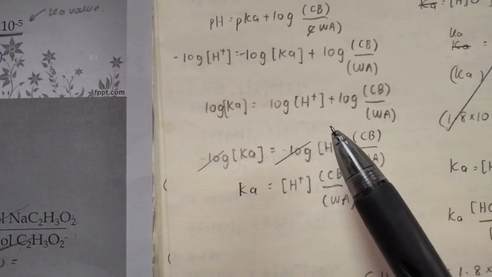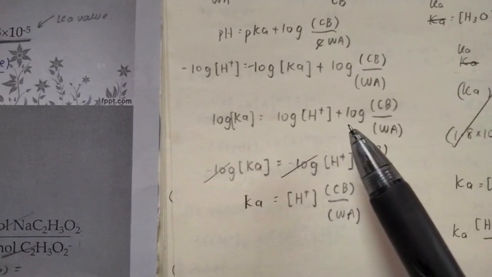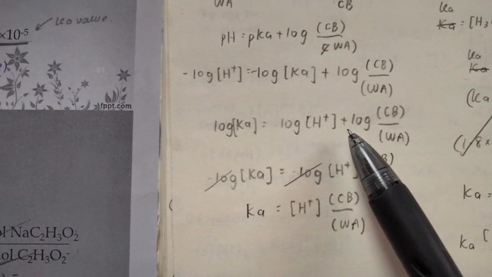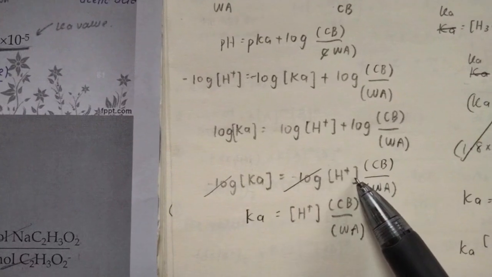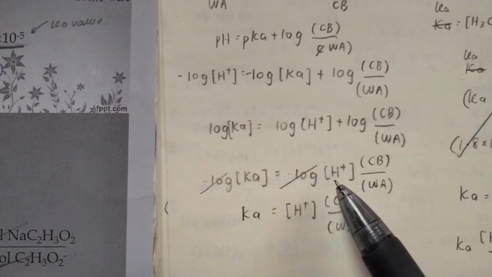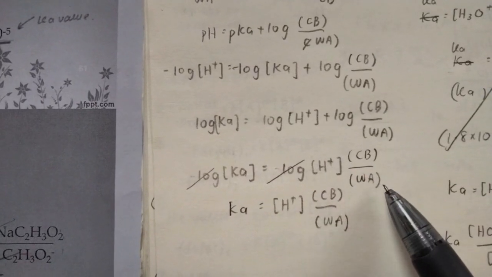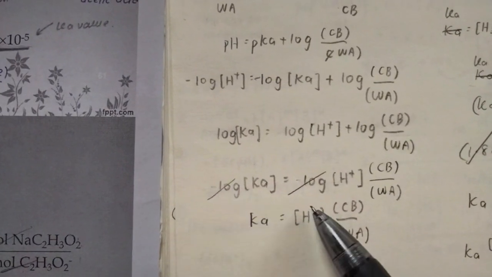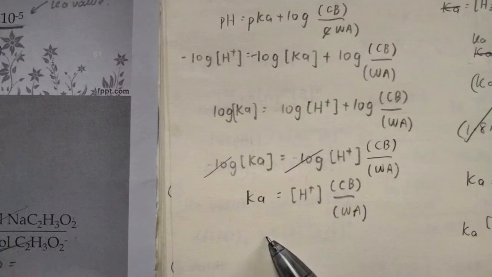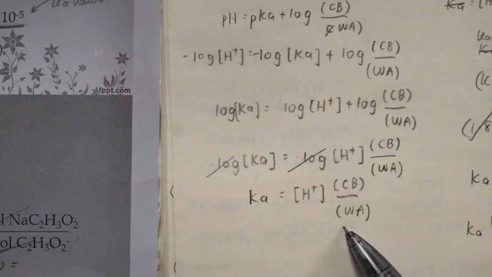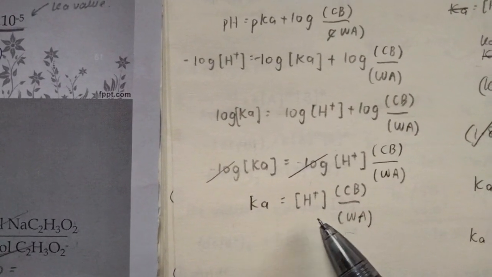From the log rule, we know that if it is plus here, we need to multiply, so we get log of H plus multiplied by conjugate base over weak acid. Then we can cancel the log. This is the finalized equation, which is Ka equals H plus times conjugate base over weak acid.